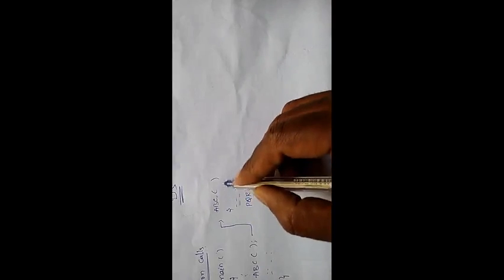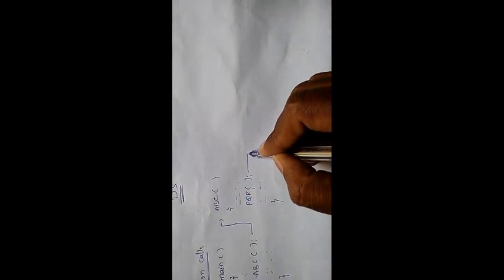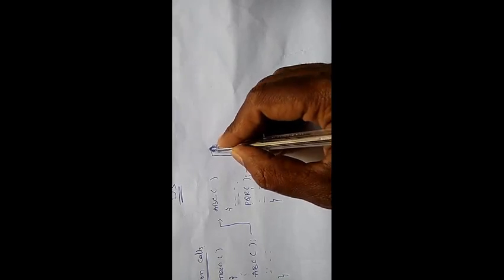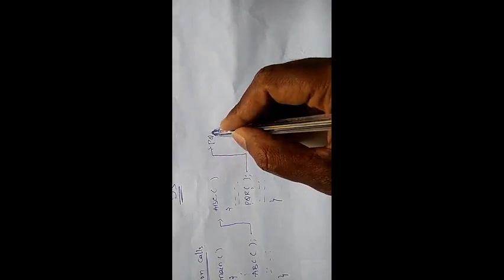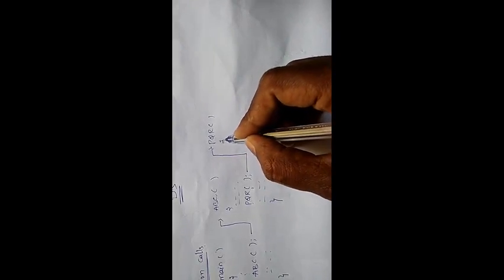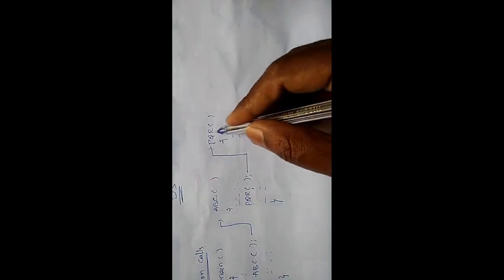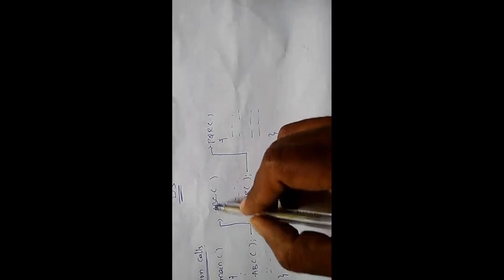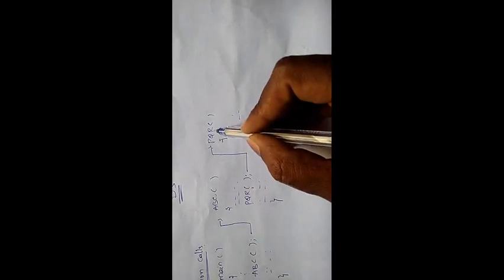Suppose when I am executing the ABC function, PQR is called, then the control will move from ABC to PQR. Now the PQR function will be executed, and in order to execute it we will write some instructions. After completion of the PQR function, PQR should return something to ABC, because ABC is the calling function and PQR is the called function.